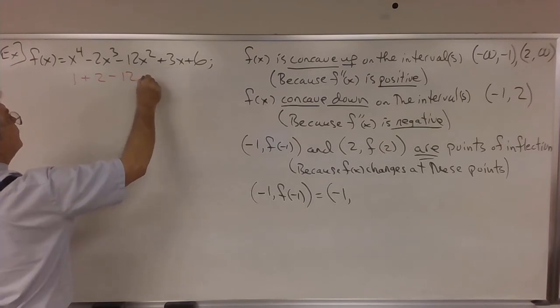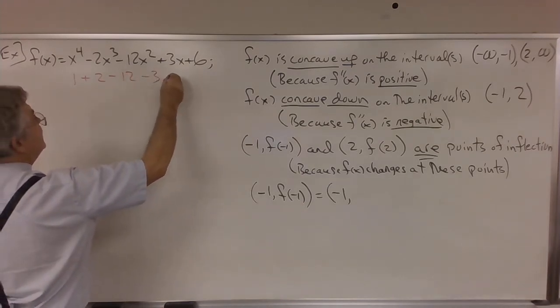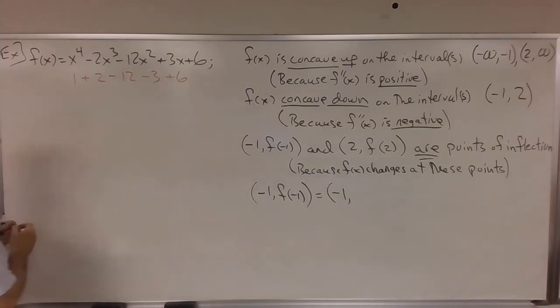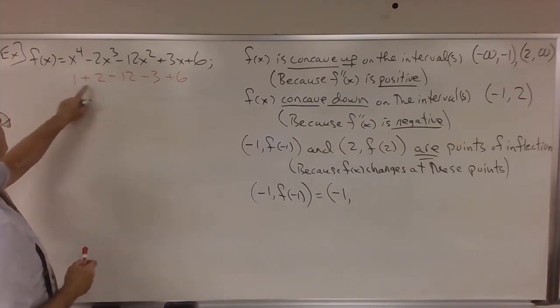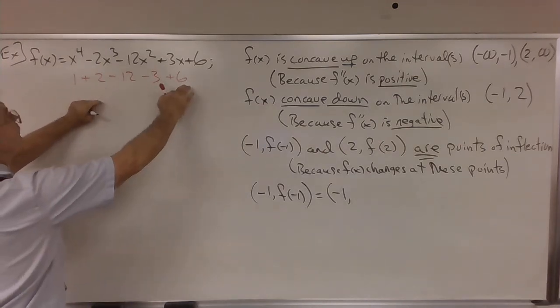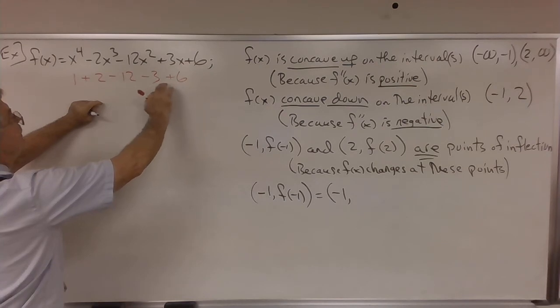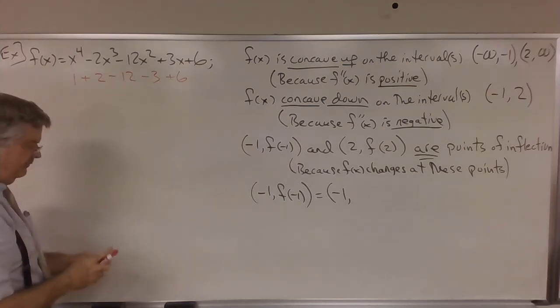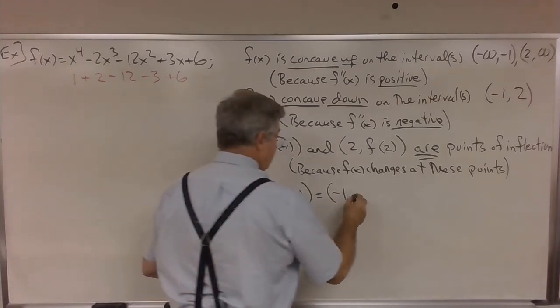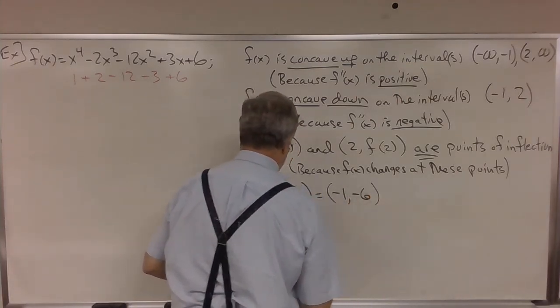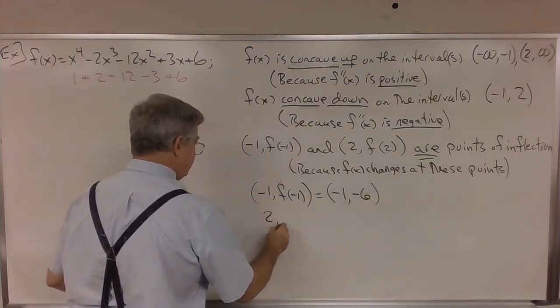Negative 1 times 3 is negative 3, plus 6. So what do we have here? 1 plus 2 is 3, plus 6 is 9. Minus 3 is 6, minus 12 is negative 6. So negative 1, negative 6 is one point of inflection.